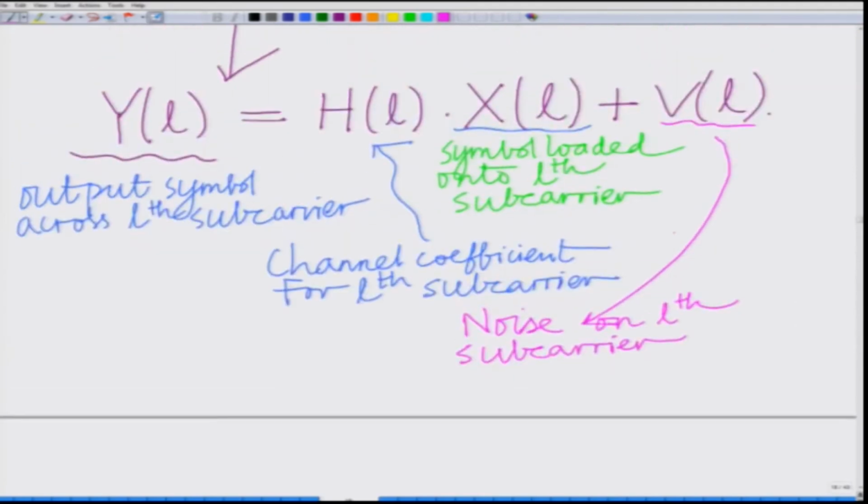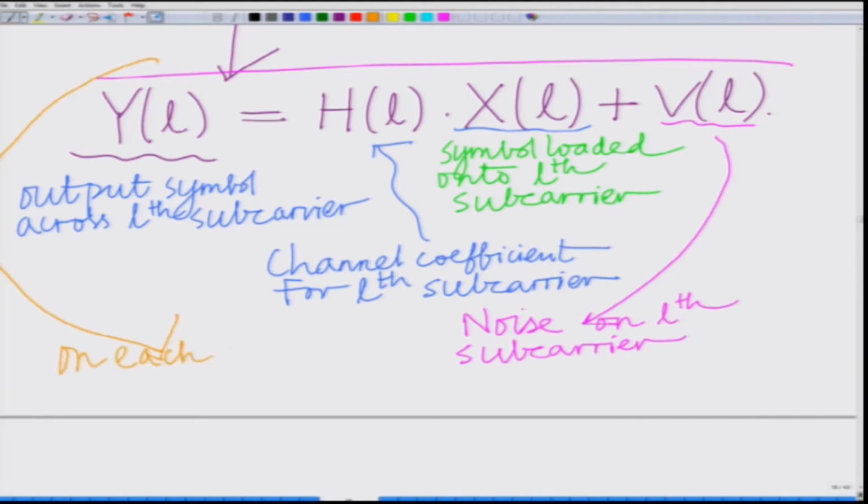So, this is the model, and therefore, what you are saying is that on each subcarrier there is no ISI.